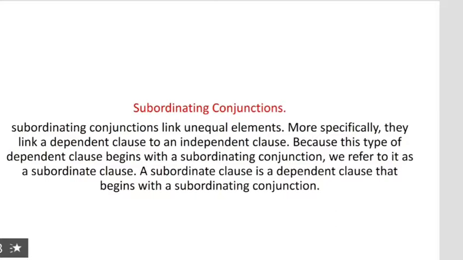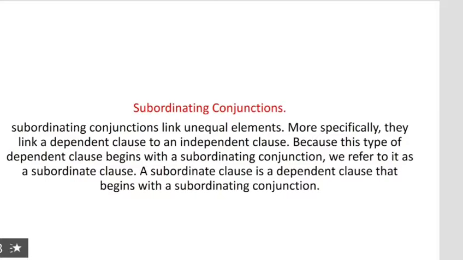Subordinating conjunction. Subordinating conjunctions link unequal elements. More specifically, they link a dependent clause to an independent clause. Because this type of dependent clause begins with a subordinating conjunction, we refer to it as a subordinating clause.